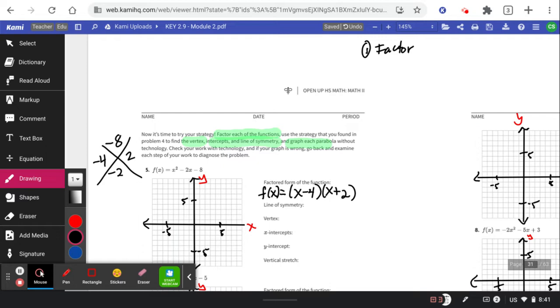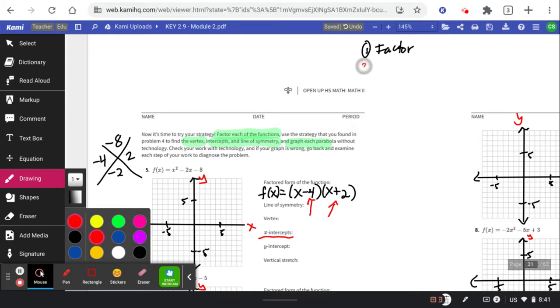Next, I'm going to look at these two factors, and based on the work that we did in class today, we can look at this factor and this factor, and we can see what the x-intercepts are going to be. So step 2 is to get the x-intercepts, which we learned today are the opposite of the factors.